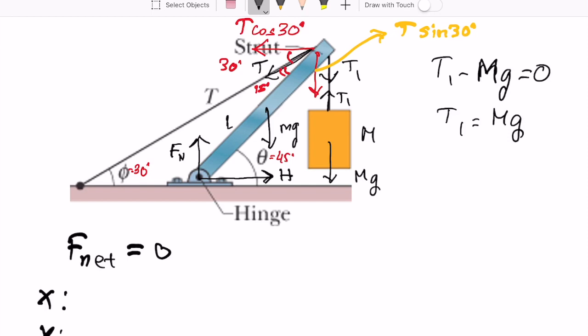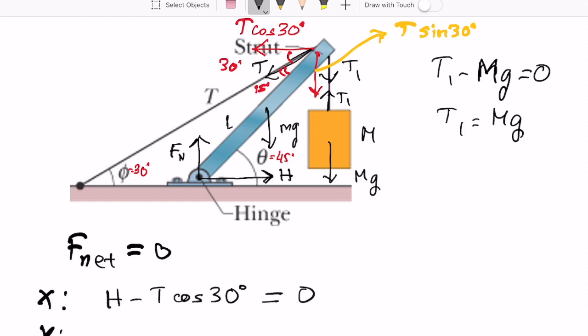Along the x direction, what force arrows do we have? It looks like we only have H, which is pointed to the right, and T cosine 30, which is pointed to the left. So H minus T cosine 30 degrees is equal to 0, and that's our first equation.